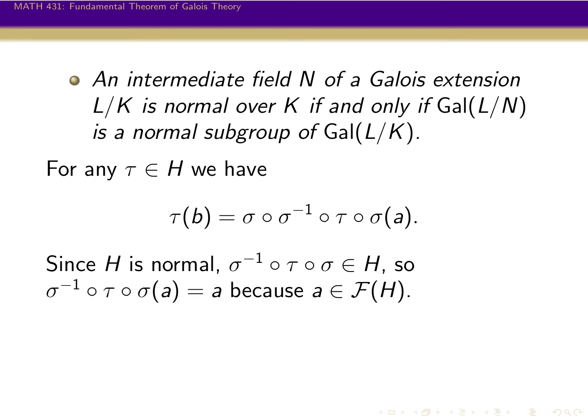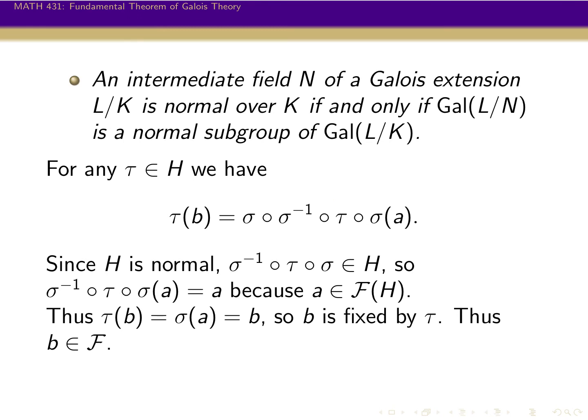And so when we apply that to A, we're going to get A back because A is in the fixed field of H. And so all of this right here is equal to A, and so this whole thing is really just equal to sigma of A. And so we end up with tau of B is equal to sigma of A, but we chose sigma so that sigma of A is equal to B, and so we got that tau of B is equal to B. And so B is fixed by tau.